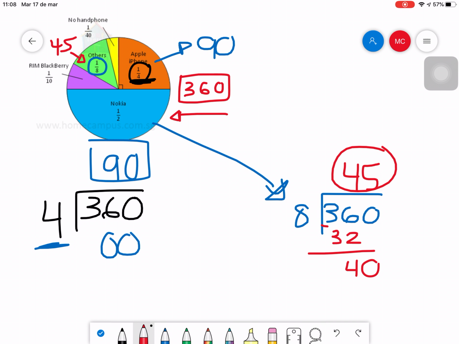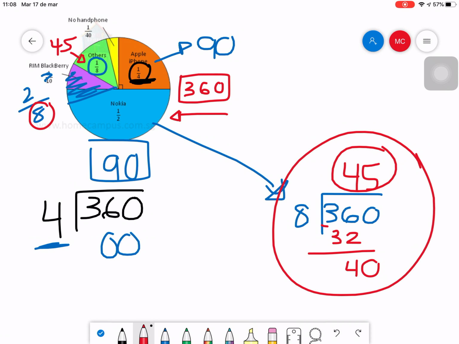Imagine this graph had something different. We're just pretending, okay? Imagine this wasn't right, and instead of 1/10, it is 2/8. That means you are asked to divide 360 by 8, right? You have already done it. It is here. But I'm asked to find 2/8.